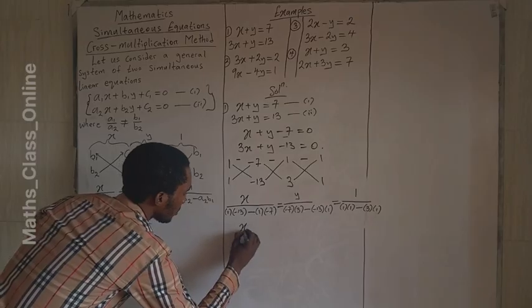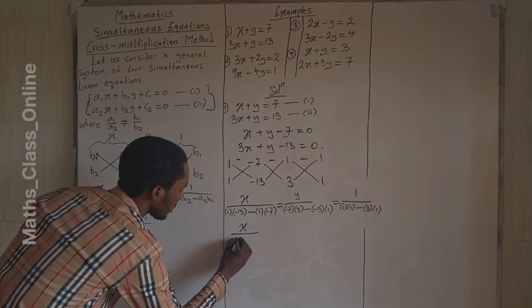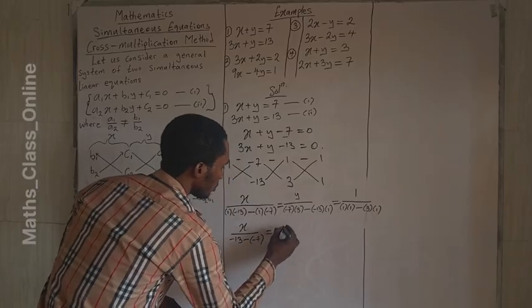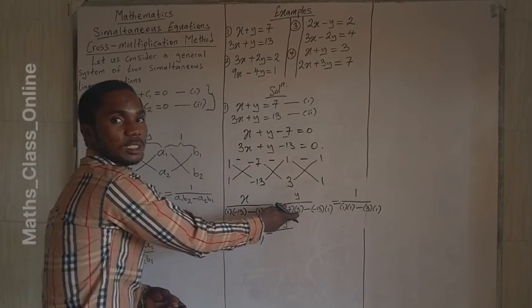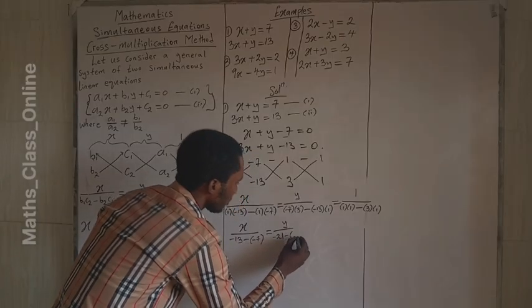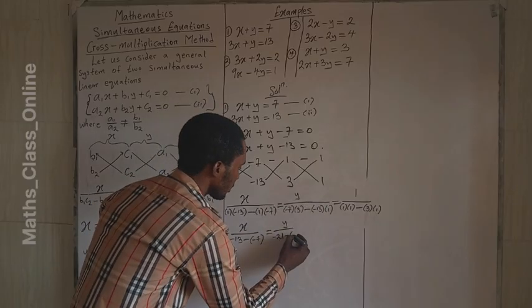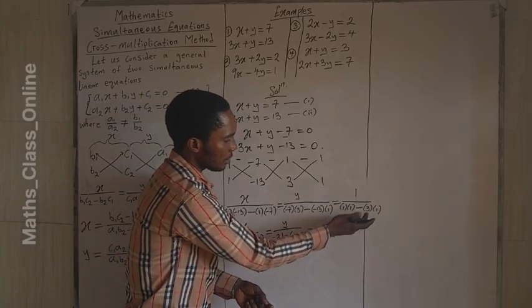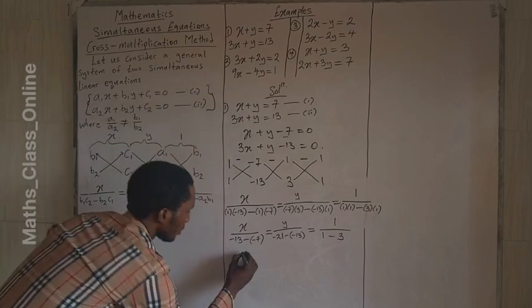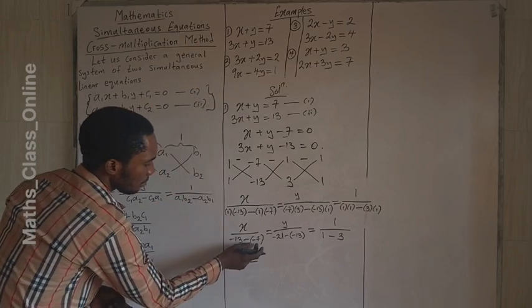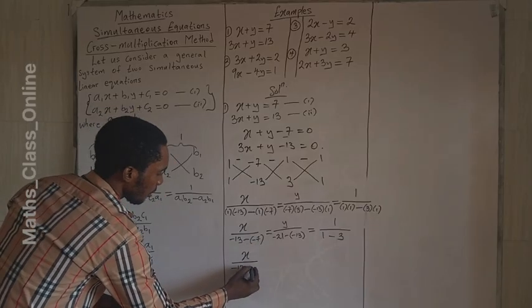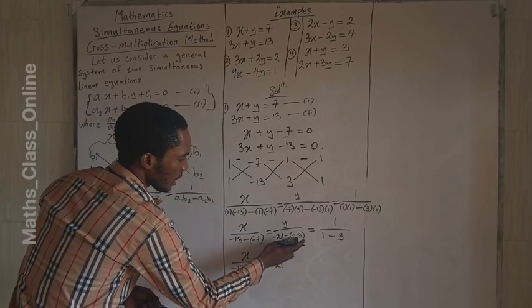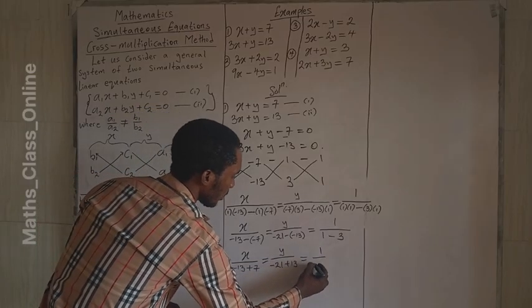So we have x over 1 times minus 13, this is minus 13, minus 1 times minus 7, that is minus 7, equals y over minus 7 times 3, that is minus 21, minus 13 times 1, that is minus 13, equals 1 over 1 times 1 minus 3 times 1. x over minus 13, minus times minus is plus 7, equals y over minus 21, minus times minus is plus 13, equals 1 over minus 2.